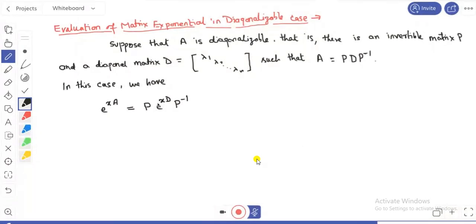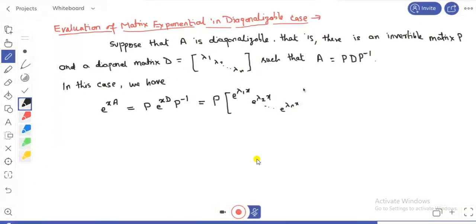So this equals a matrix P, then e to the power xD, the exponential of D, where the diagonal matrix is denoted by this term. So this equals P into e to the power xD, which is simply a diagonal matrix with entries e to the power lambda 1 x, e to the power lambda 2 x, and similarly e to the power lambda n x. Then this into P inverse.